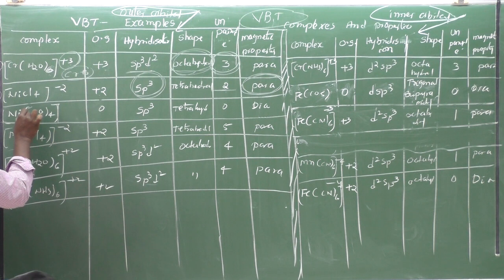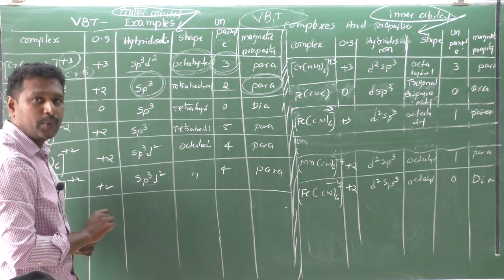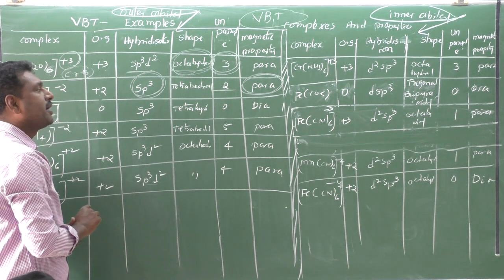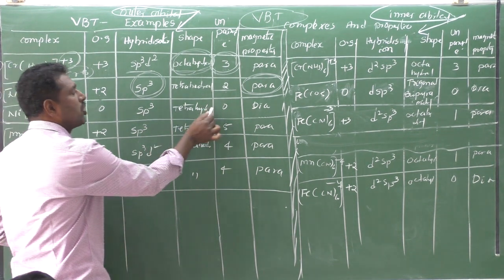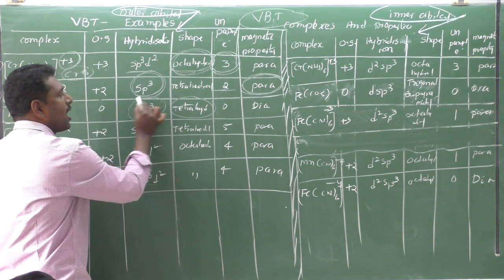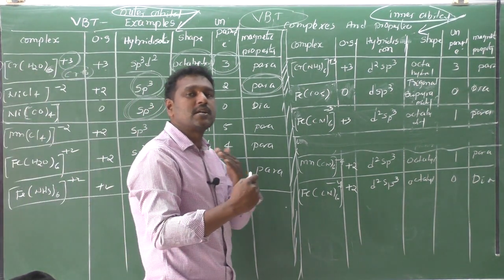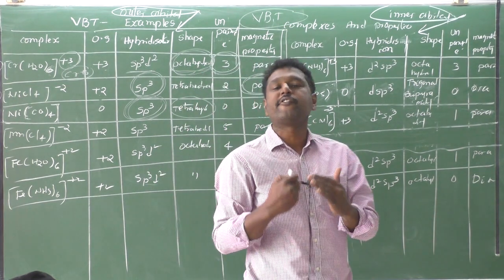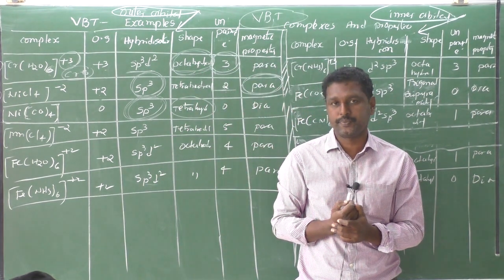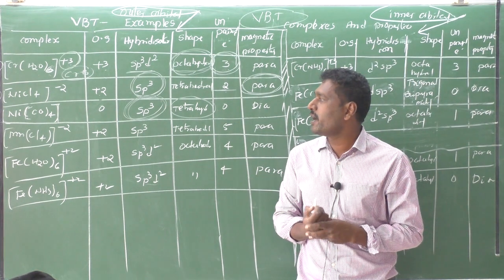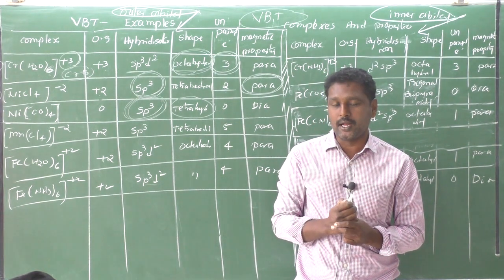Next one, metal carbonyls. Metal oxidation state is 0. So what happened here? The shape of the molecule is tetrahedral and hybridization is sp3. Because of neutral ligands, there is no possibility of unpaired electrons. So they are considered as metal carbonyls.